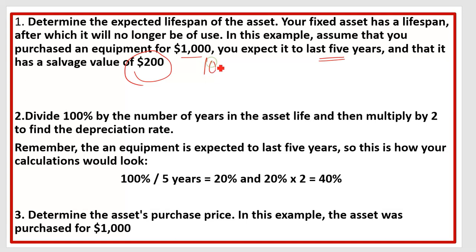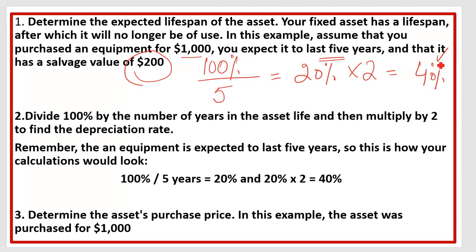In the double declining method, you always write 100% in the numerator divided by the number of years. In this example, the number of years is 5. When we divide 100 by 5, we get 20%, right? So 20%, and it is called the double declining. Whatever the percentage is, you have to multiply by 2, which is equal to 40%.